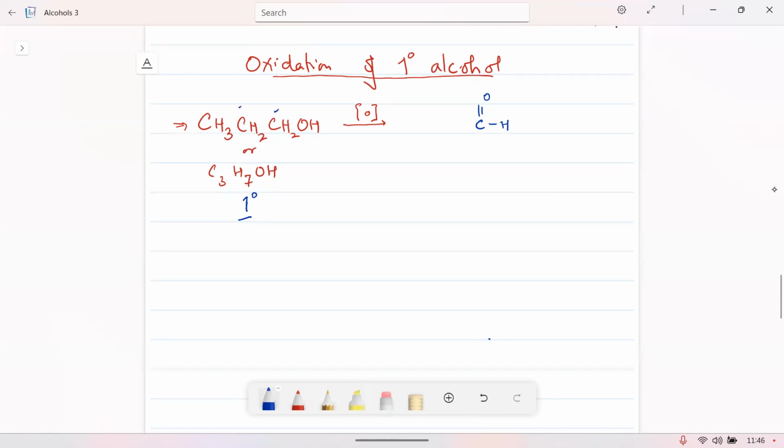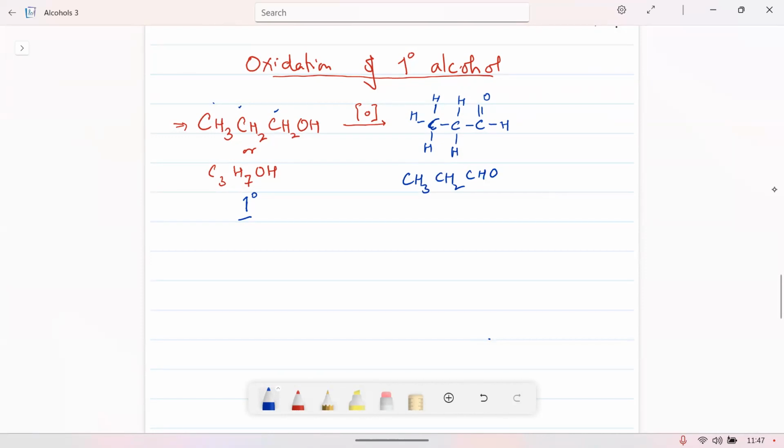Now I started with 3 carbon atoms. I have already used one of the carbon atoms, so I'm using the other 2. And then I complete the valency. So this way, it makes it easier for me to understand which aldehyde will be formed. It is CH3, CH2, and CHO.